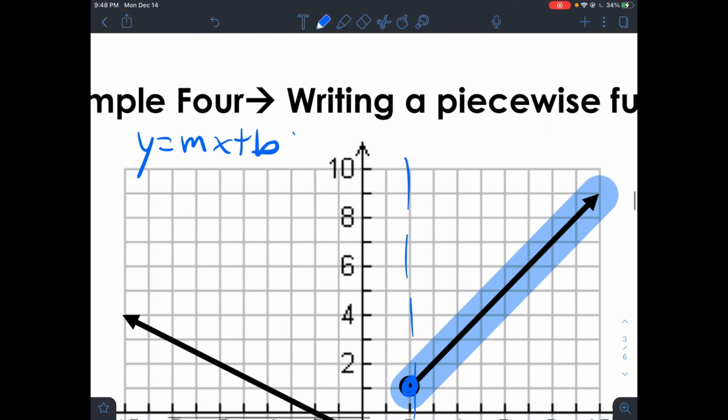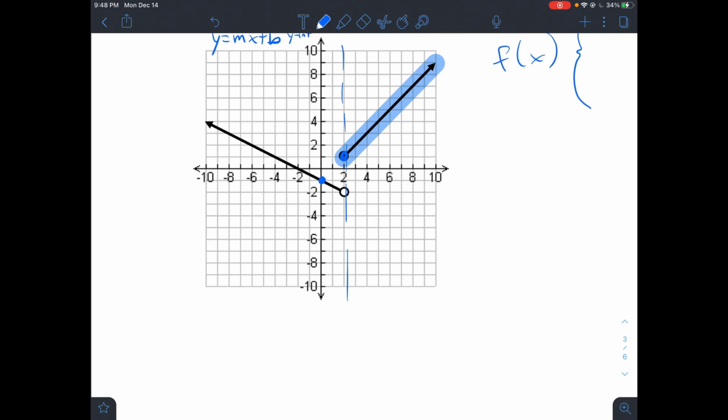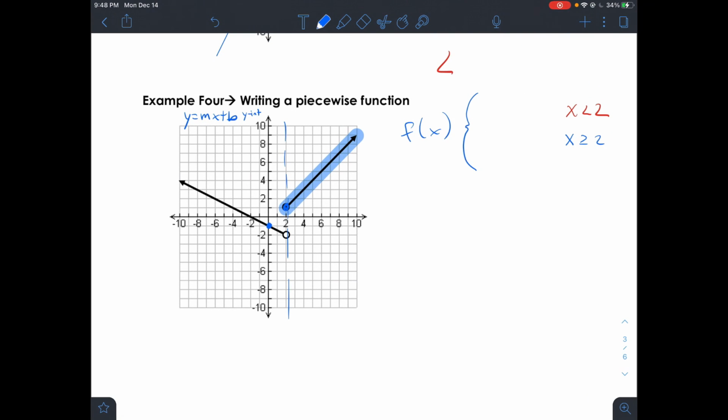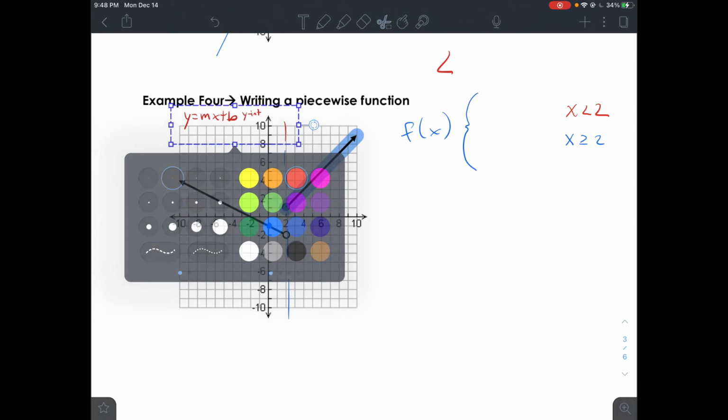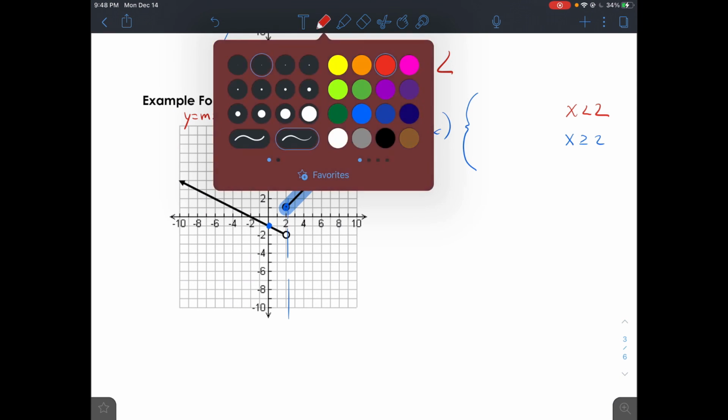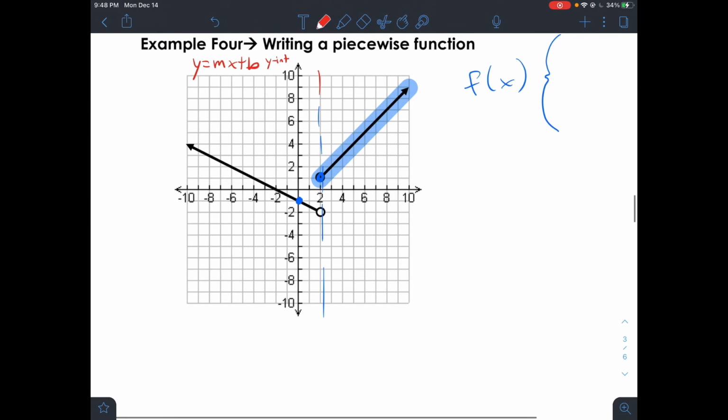That's our y-intercept. Oh, I should be doing this in red. Sorry. So our intercept here is -1, so b is equal to -1.